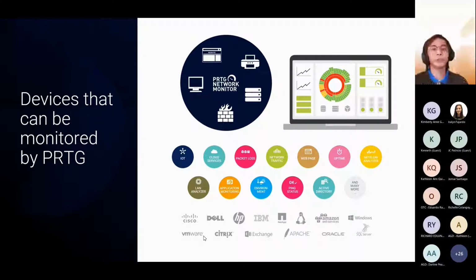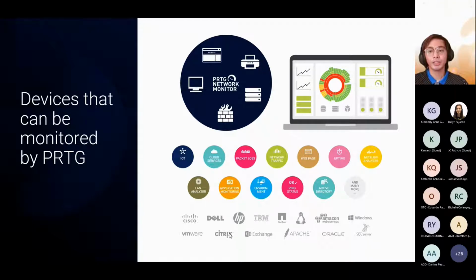And as you can see below my slide, we can see technologies like Cisco, Dell, HP, Citrix, and VMware. So these are also partners of PRTG. Same with SonicWall, since they are also a partner with PRTG, they have also provided a dedicated sensor for their technology.